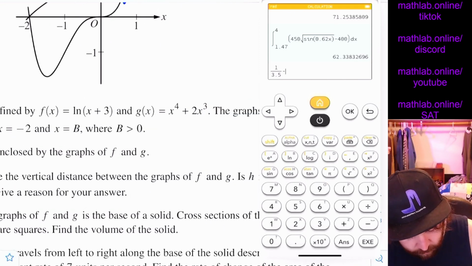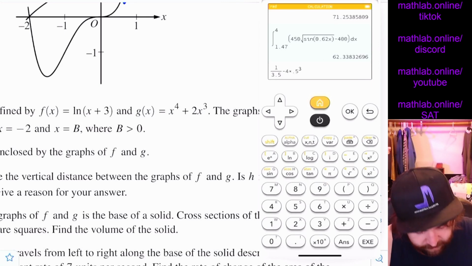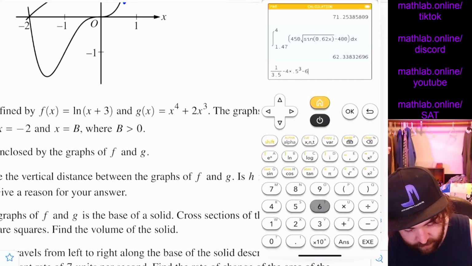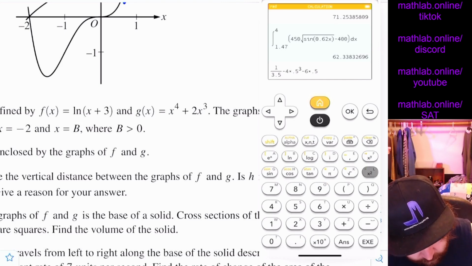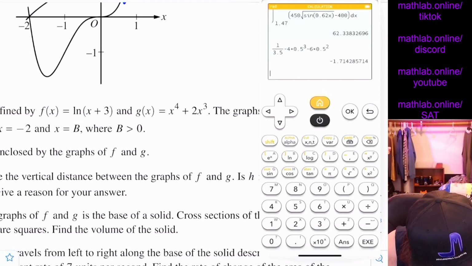And then minus the derivative of g. So simple power rule, 4 times 0.5 to the third. And we're still subtracting this, so I'll go ahead and distribute the minus. Minus 6 times 0.5 squared. That should be right.